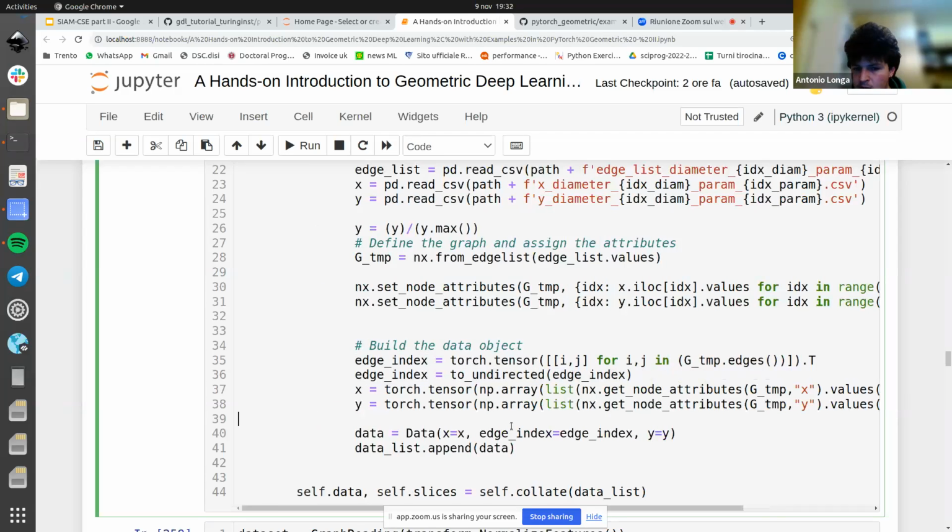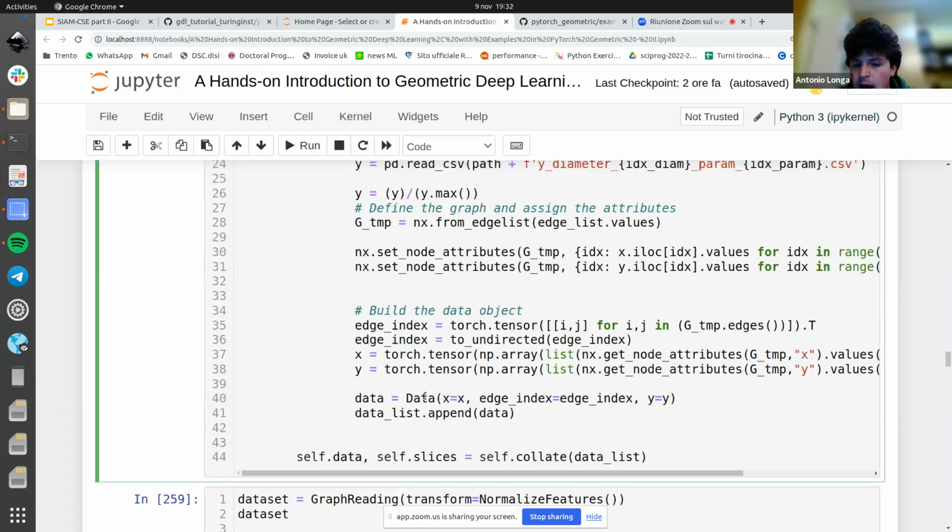But this is a complex way, let me say, to do something much easier if you already have your GraphML or NetworkX graph. You just need to load the graph, convert it to PyTorch Geometric, and then you have to build this data object, which contains our X, our edge index, and our Y.